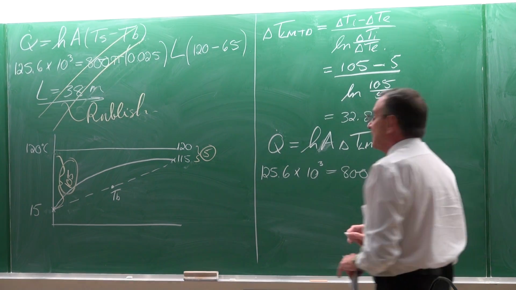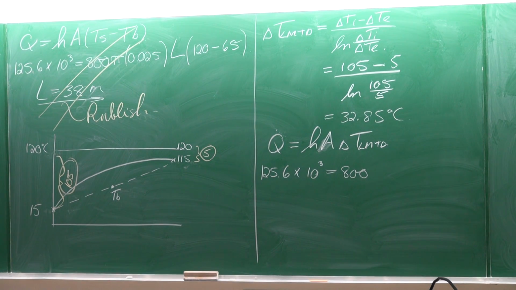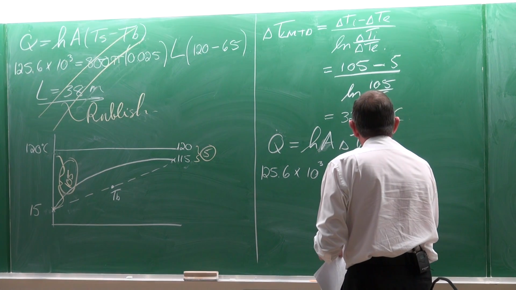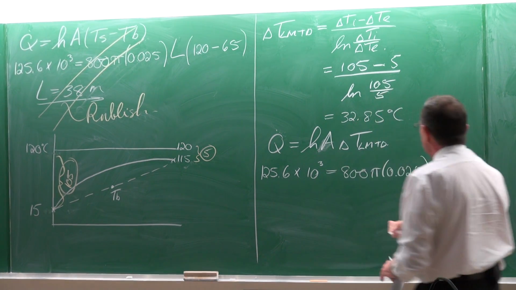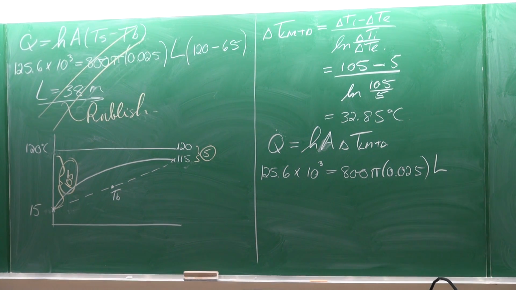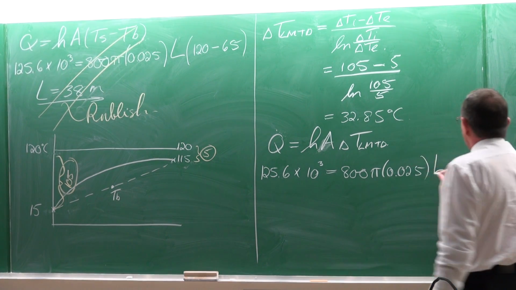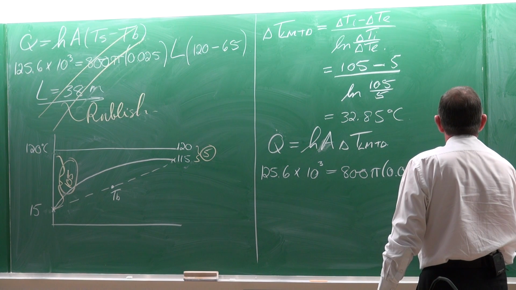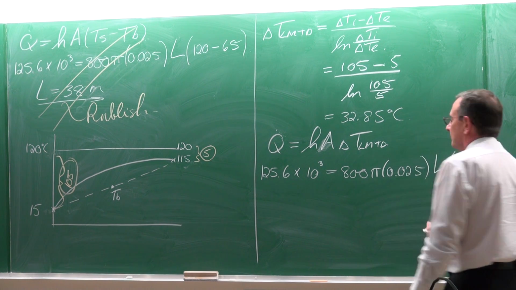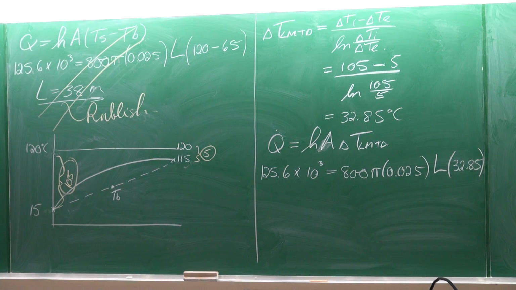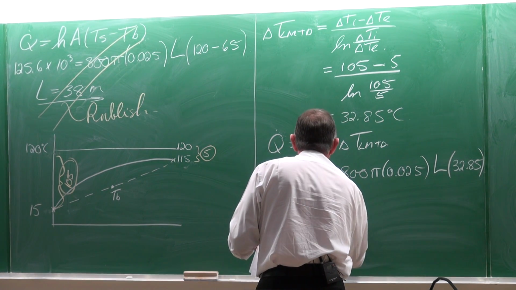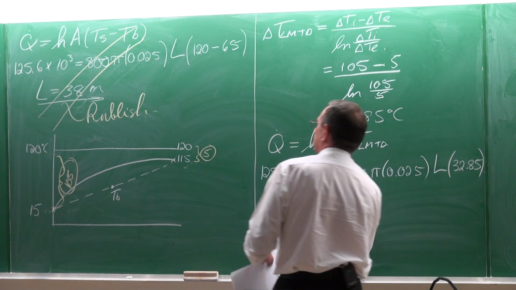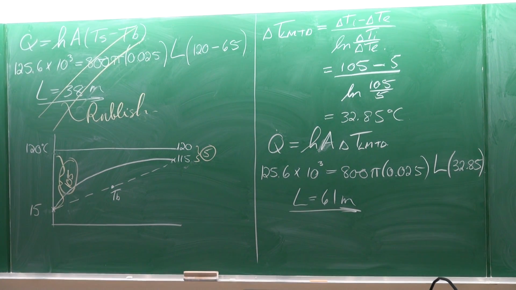It's equal to the heat transfer coefficient multiplied by the surface area, pi multiplied by 25 millimeters, 1 inch, multiplied by L, multiplied by LMTD, which is 32.85. And the correct length is then equal to 61 meters. Okay. It's about double.